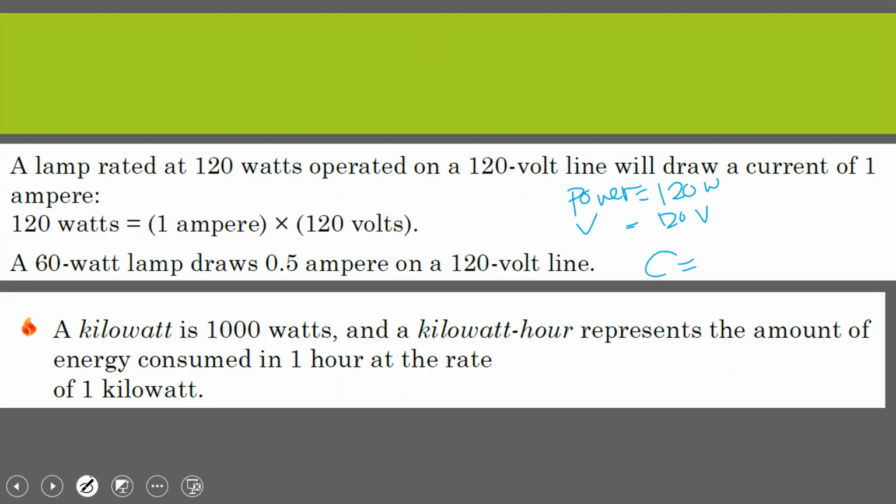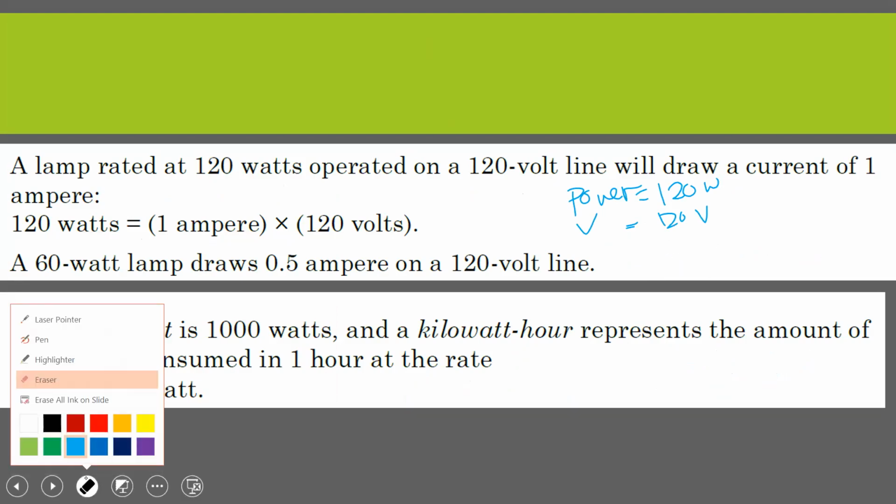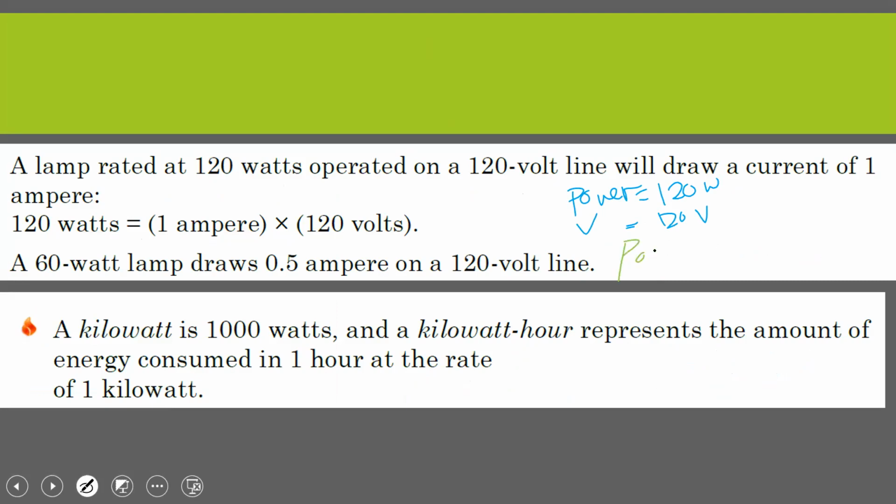As we said before, the power is I times V. So 120 equals I times 120. So you will find that the current here is 1 ampere. So a lamp that is rated at 120 watt on 120 volt will give you a current of 1 ampere, as we see here when we evaluate the formula.